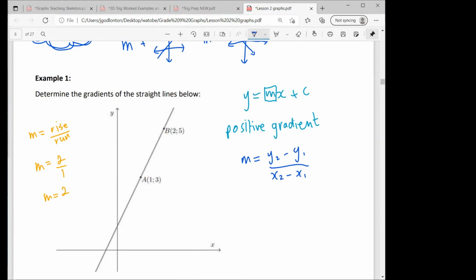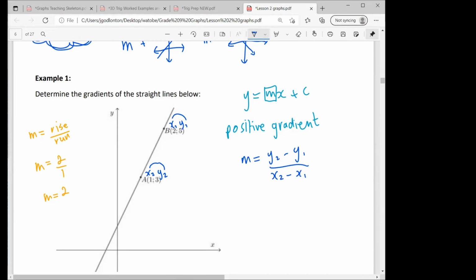I want you to make this x1 and y1 and x2 and y2. It doesn't matter, they could be the other way around. But I want you to label them, and they need to be a pair. So my x1 needs to be with my y1 and my x2 needs to be with my y2.